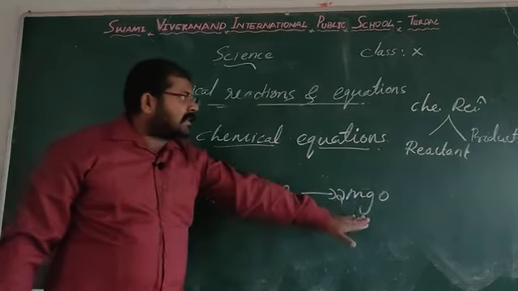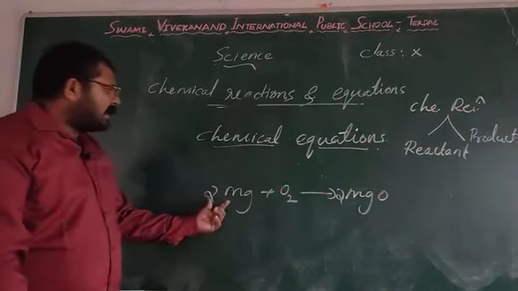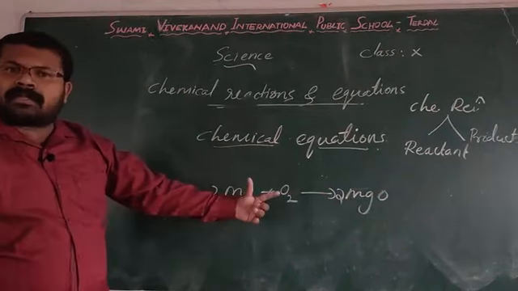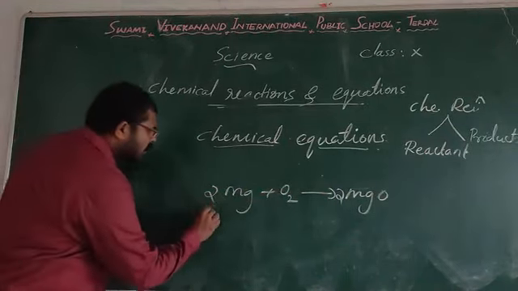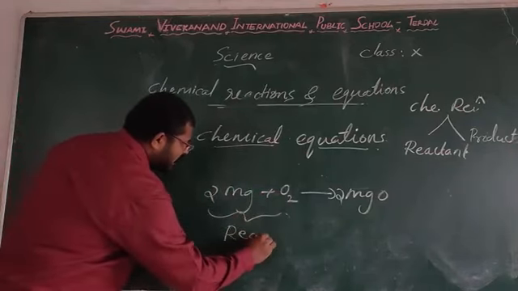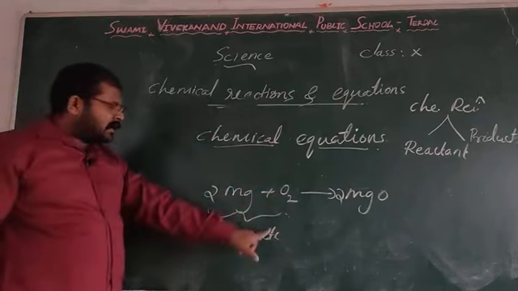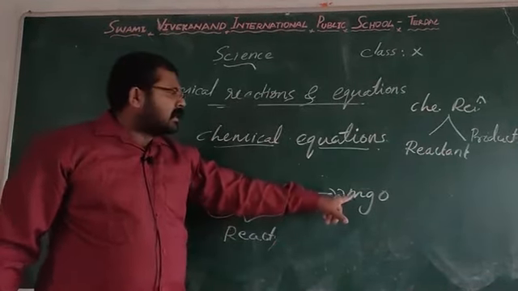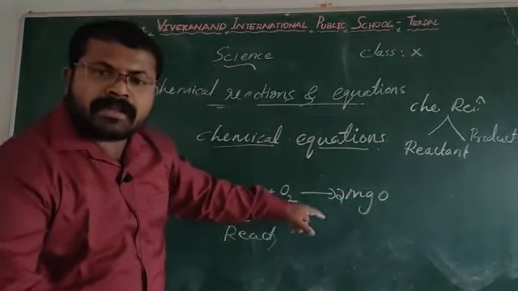In this reaction, magnesium and oxygen are the two substances undergoing the chemical reaction. These are called reactants. And here you will get a new product, magnesium oxide.